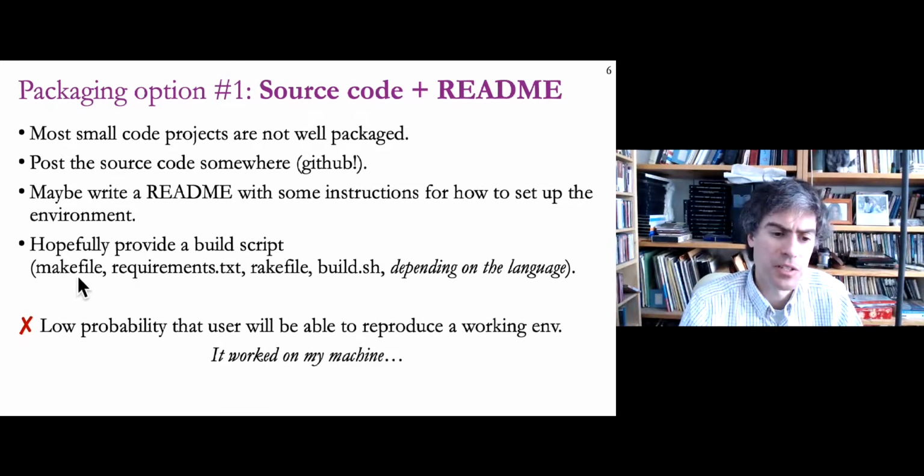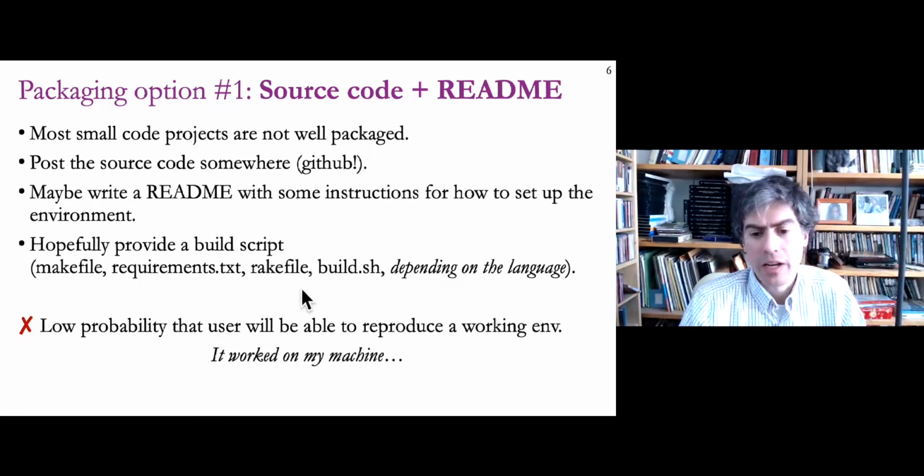You might be using a build system like Make or Rake, or you might write a bash script that runs a series of commands. Depending on the language, there are different tools available to set up the environment. But how well those work will depend on the language, I think. And my own experience has been that it's not great.